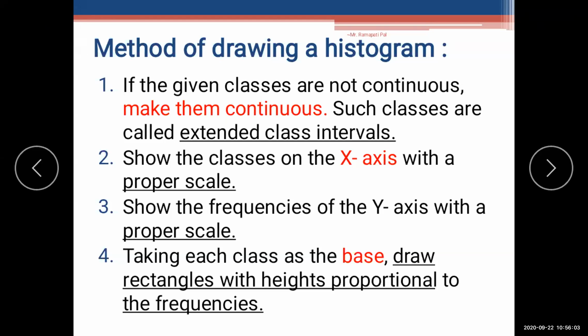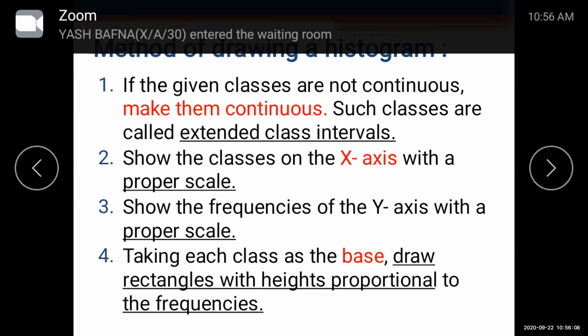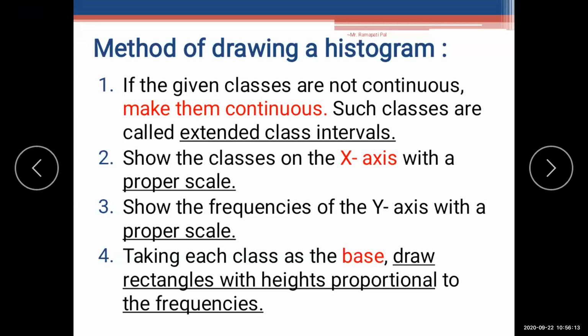So you have to remember here that on the x-axis, what are we going to take? Class interval. On the y-axis, what are we going to take? Yes, Sanskriti, frequencies. Correct? Again, I'm repeating. What are we going to take on the x-axis?